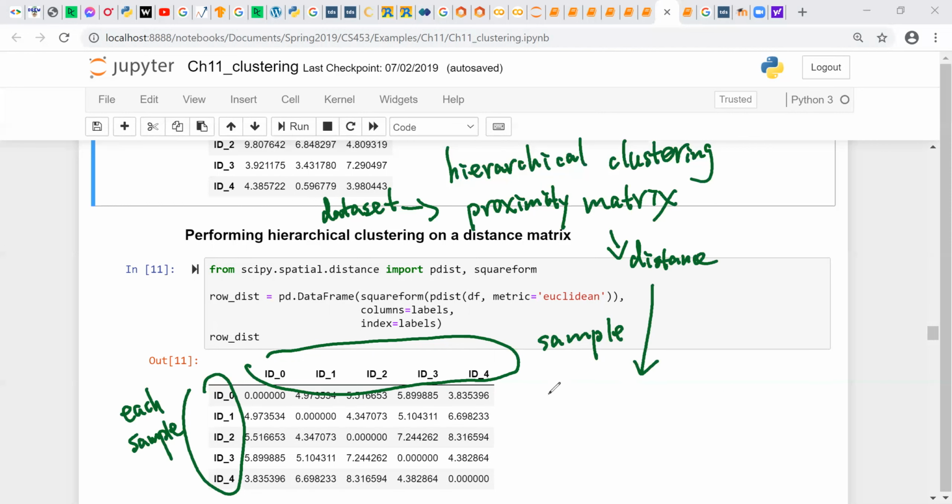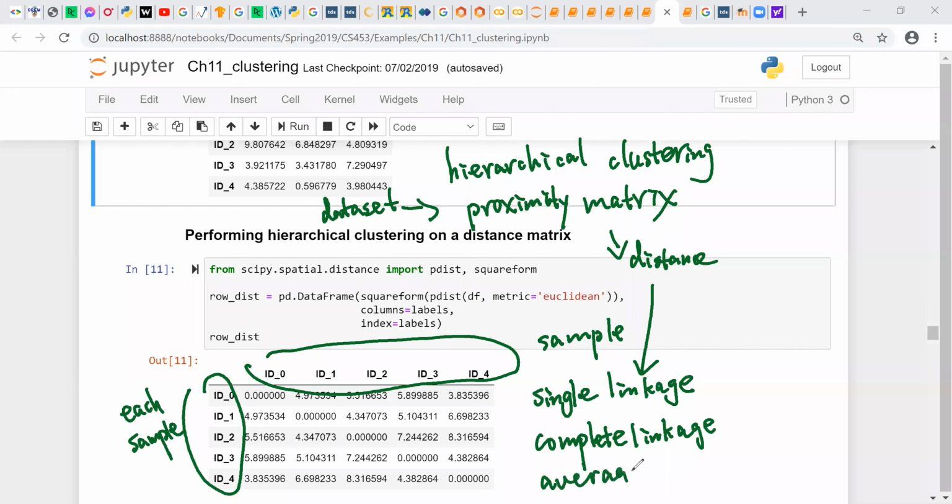There are a number of ways you can measure the distance. Do you still remember we have single linkage, and we have complete linkage, and we can also use average linkage, and we can also use centroid.